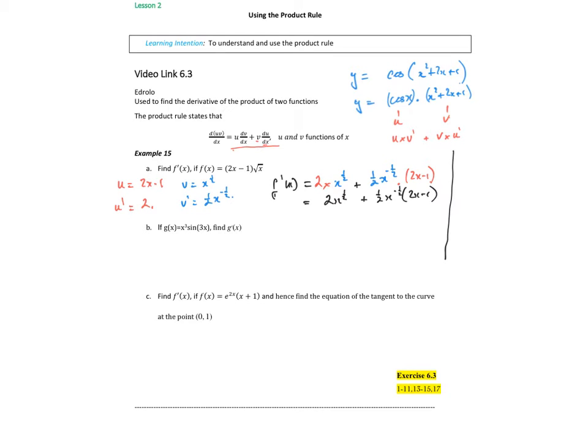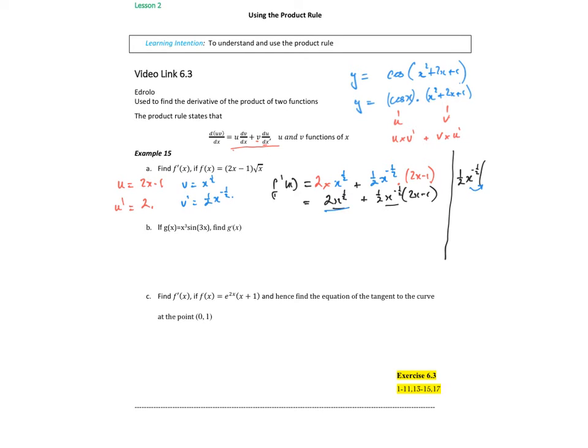If I wanted to factorize that, I might look to bring the lowest term out the front, so x to the minus a half. We might take the half x to the minus a half out the front. What does that mean? For my first term, don't forget I've got to multiply this term back in and end up with 2x to the half. So what do I need to do?